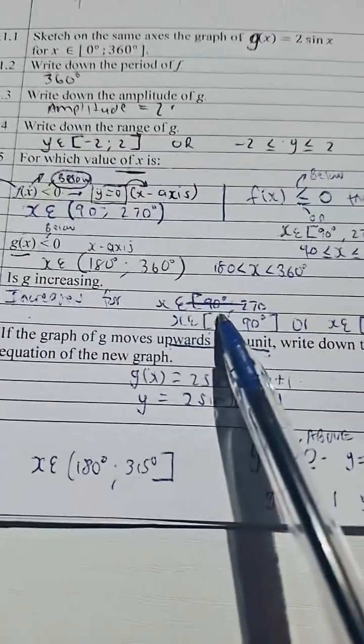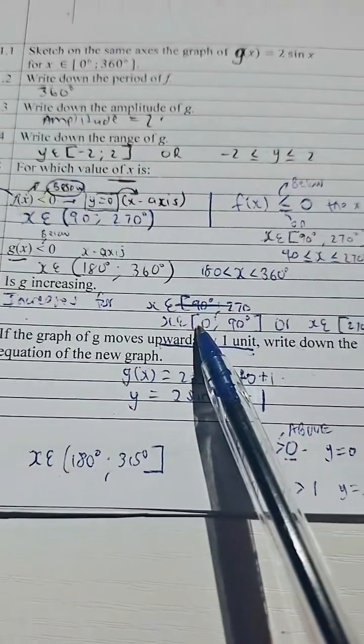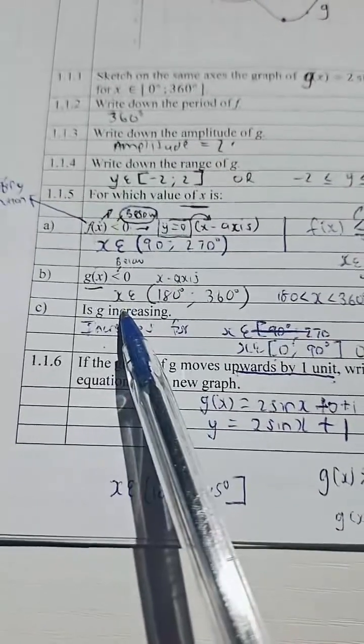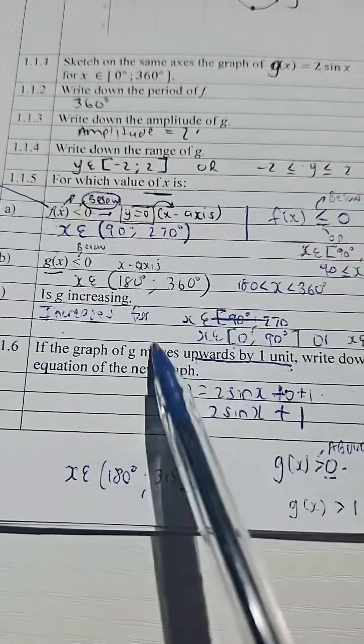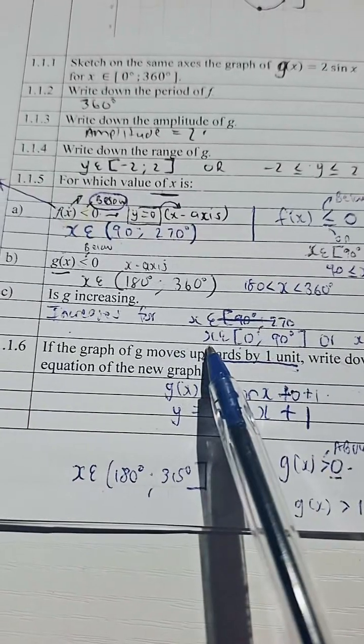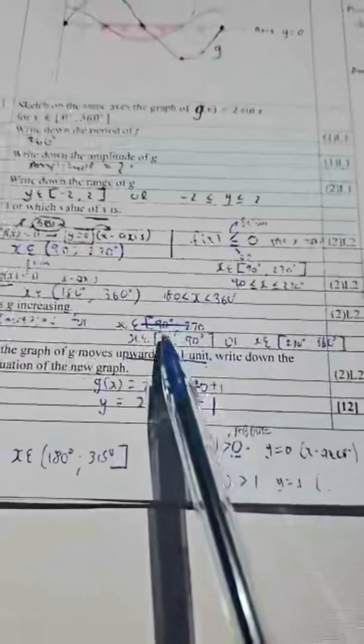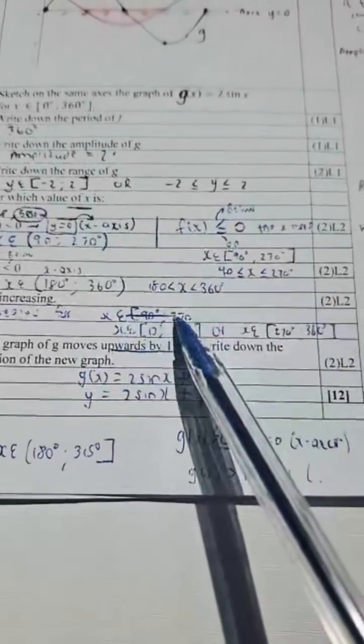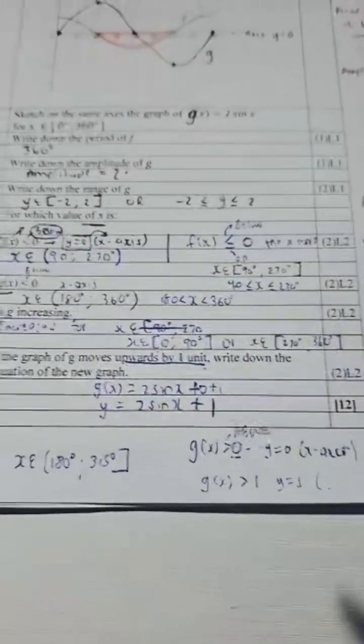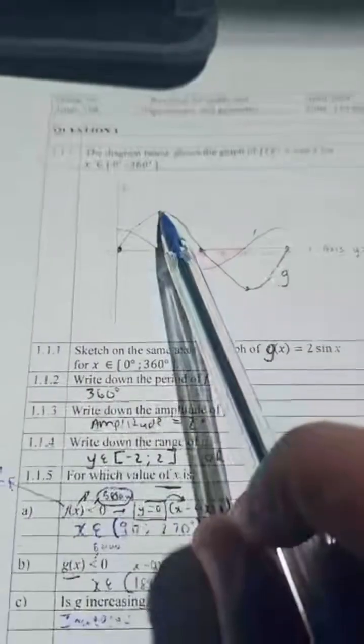And then Tando, the question about including or not including for increasing or decreasing, we spoke about that. We said that amongst examiners, if you write your answer with open brackets or closed brackets, either will be accepted, because there is an argument that since that is a stationary point, do we include that point or don't we?